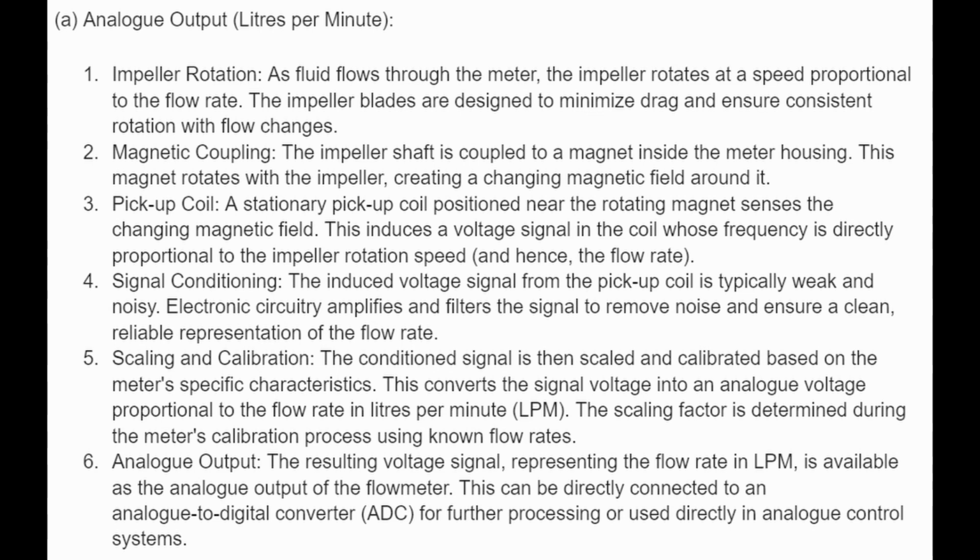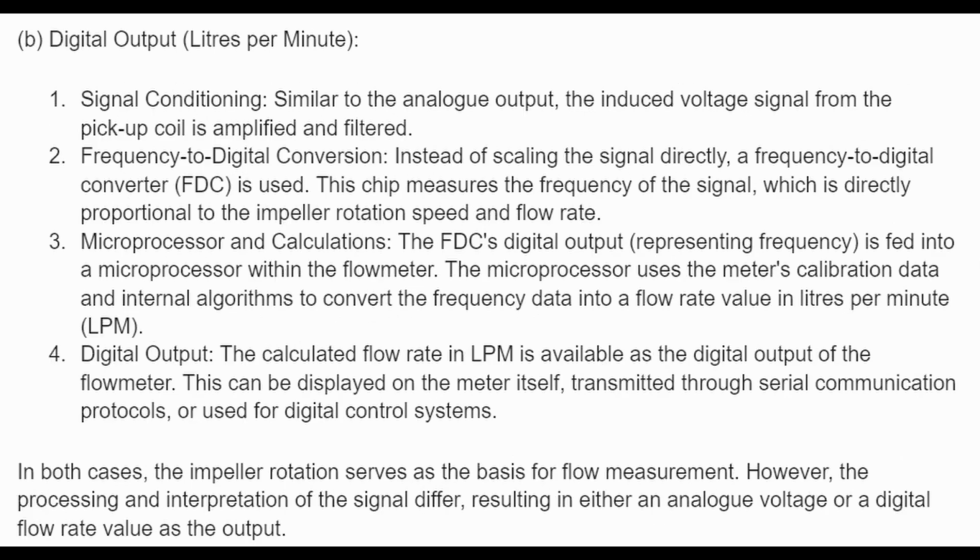Analog output. The resulting voltage signal, representing the flow rate in liters per minute, is available as the analog output of the flow meter. This can be directly connected to an analog to digital converter, ADC, for further processing, or used directly in analog control systems. B. Digital output of liters per minute.